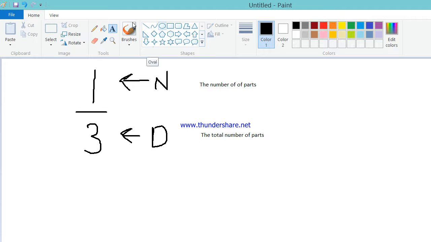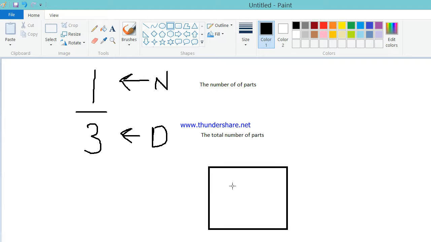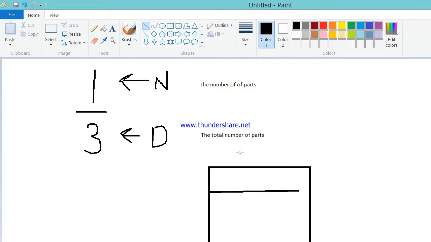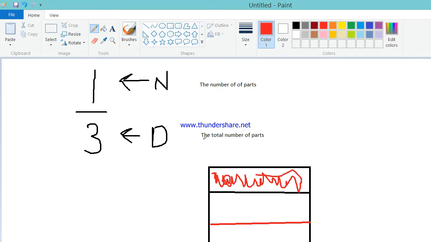If I have a box that is divided into 3 equal sections, and that's an important part of this, 3 equal sections, reasonably equal, I suppose, what I'm talking about is one of those thirds, one out of the 3 pieces. I'm only talking about 1 out of 3.